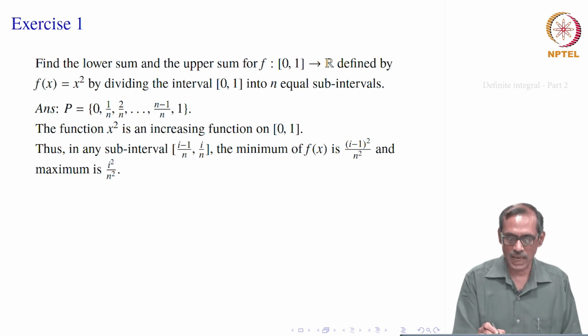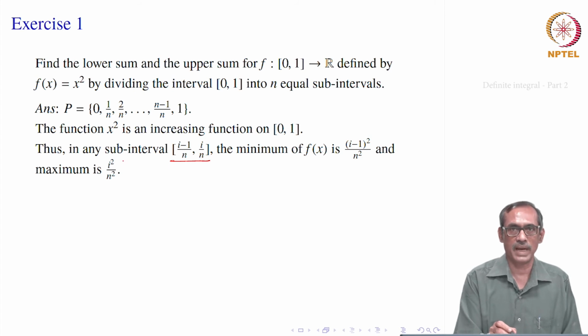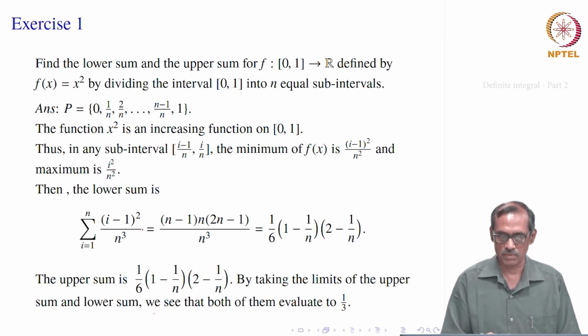In the subinterval (i minus 1) by n to i by n, the minimum is on the left, that is (i minus 1) square by n square, and the maximum is on the right point, which is i square by n square. Therefore, the lower sum is the summation of f at the lower endpoint where the minimum is achieved, that is (i minus 1) square by n square, times x_i minus x_{i-1}, which is 1 by n. So, that gives (i minus 1) square divided by n cubed.